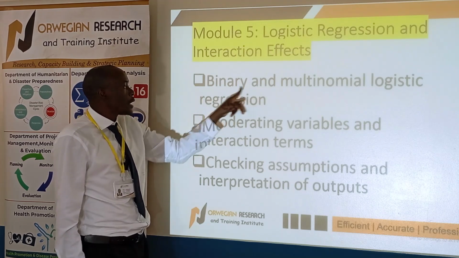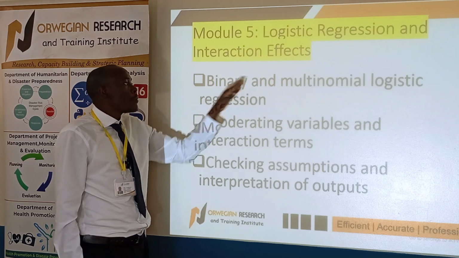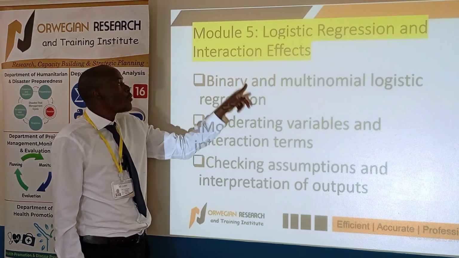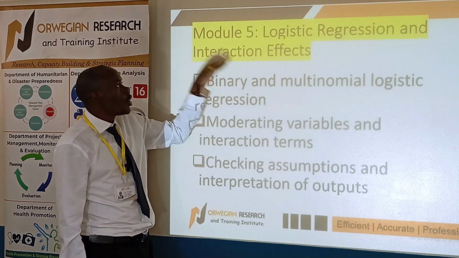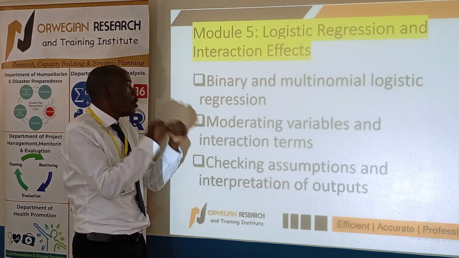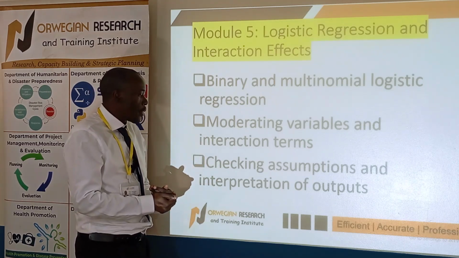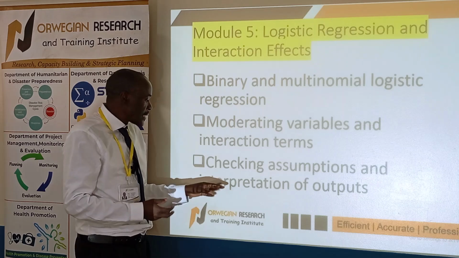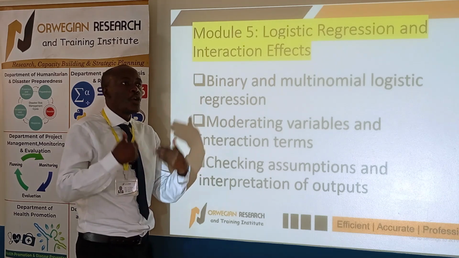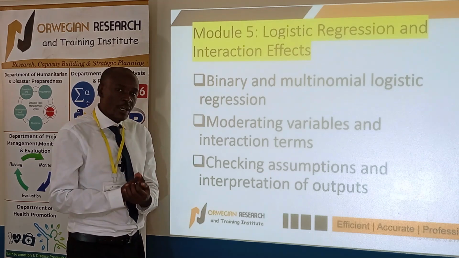The first one, we shall look at the response variable being binary, and multinomial logistic regression. Then we shall have ordinal logistic regression also in this particular section. And then we shall have what we call moderating variables and the so-called interaction term, checking for various assumptions and their interpretations, in the case where we start by running our diagnostics, for instance, multicollinearity.